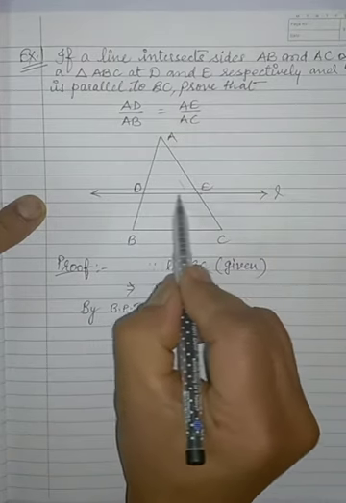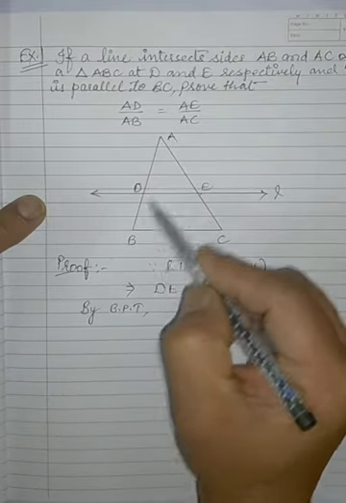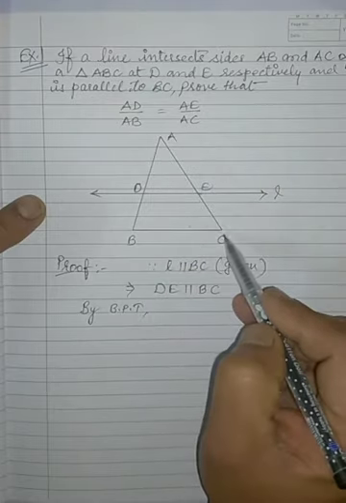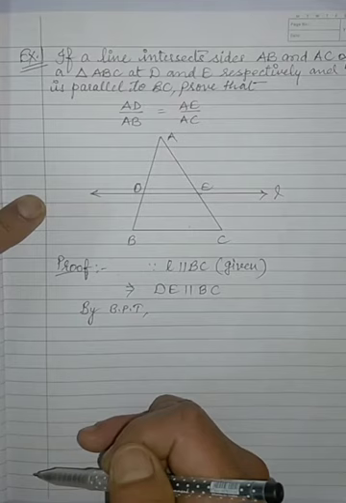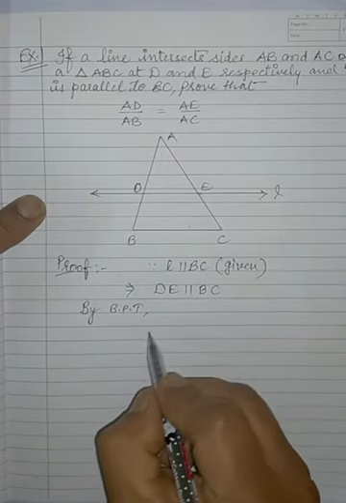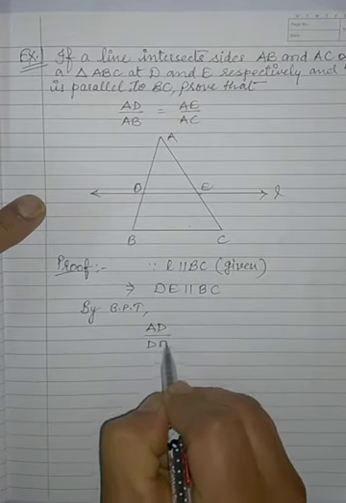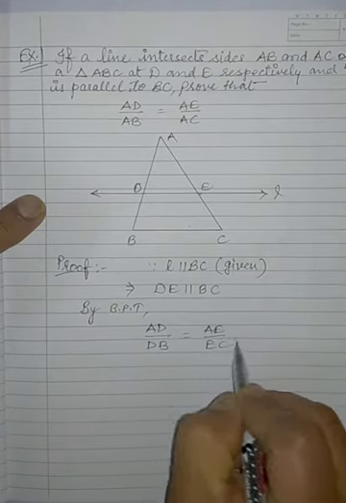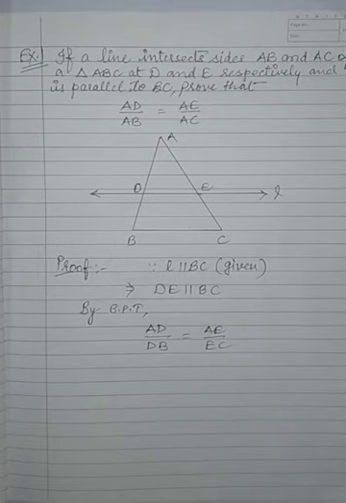If a line is drawn parallel to one side of a triangle to intersect the other two sides in distinct points, the other two sides are divided in the same ratio. Okay. So here by BPT we can say AD upon DB is equal to AE upon EC, which is the main relation of the basic proportionality theorem.